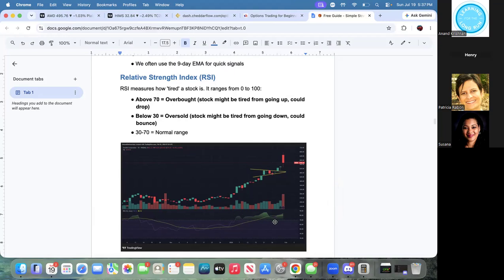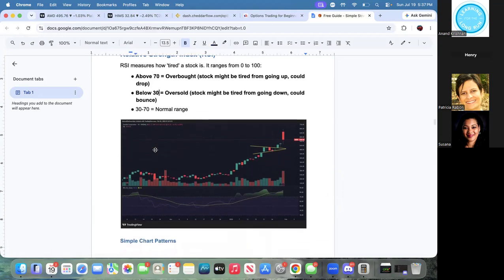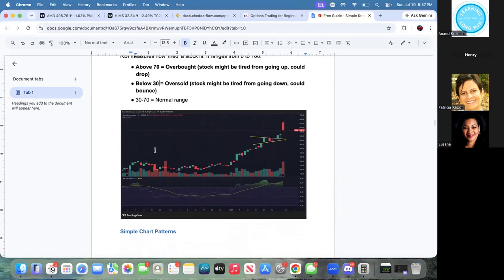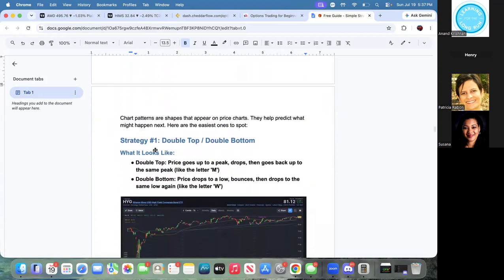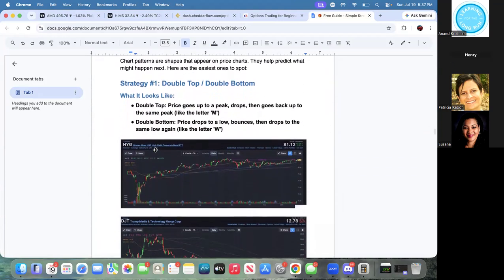Just because a stock is above 70 doesn't mean it's going to fall out of the sky. It could be chugging in that overbought range for quite some time. But below 30 on a perfectly normal stock or an index like SPY or QQQ, that's something to take a second look at, as it could be oversold.